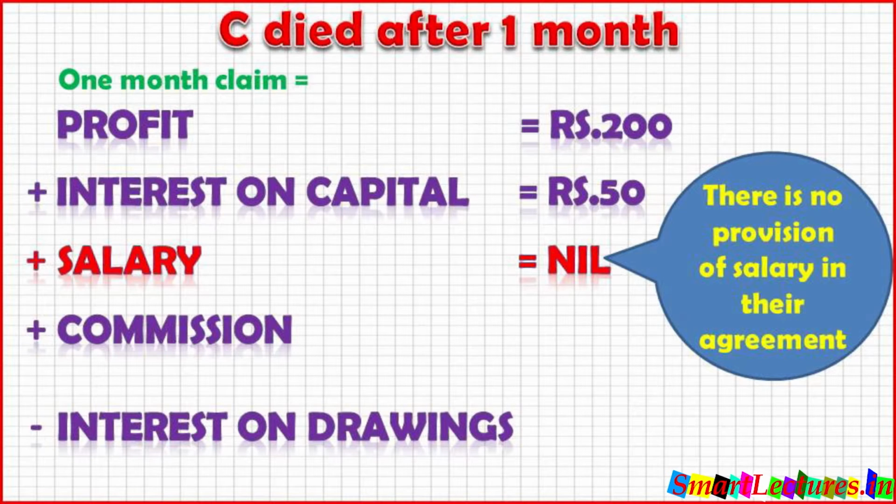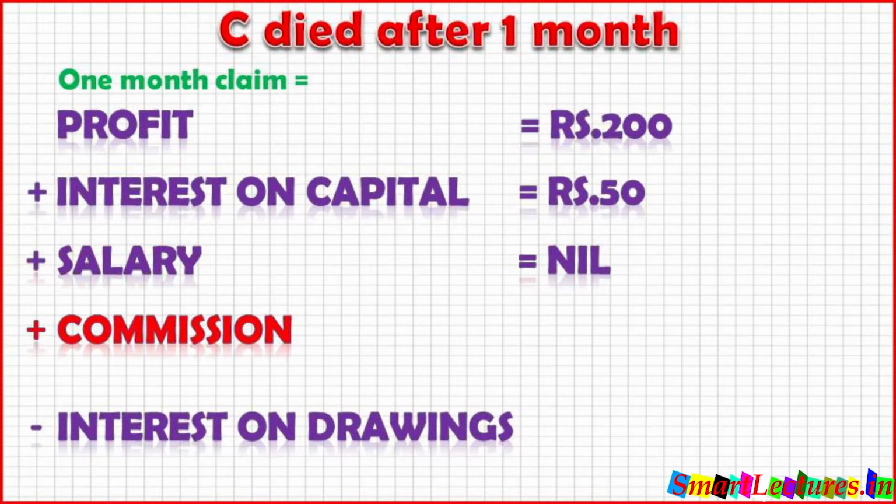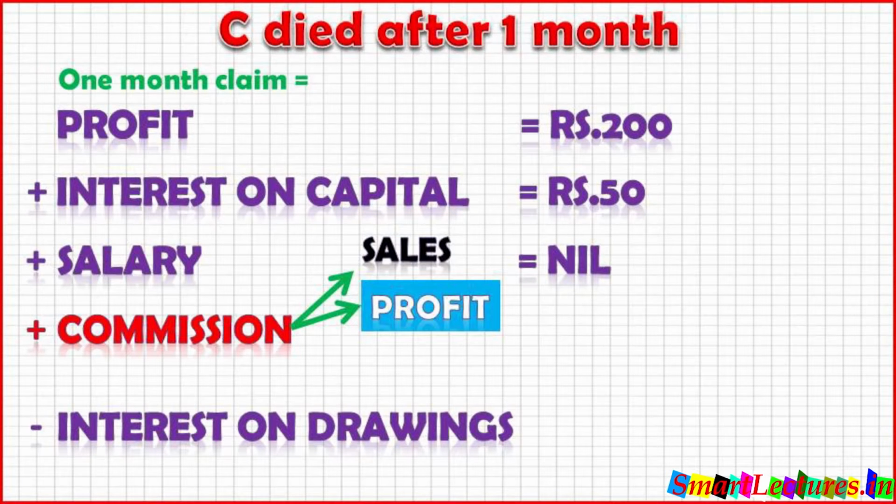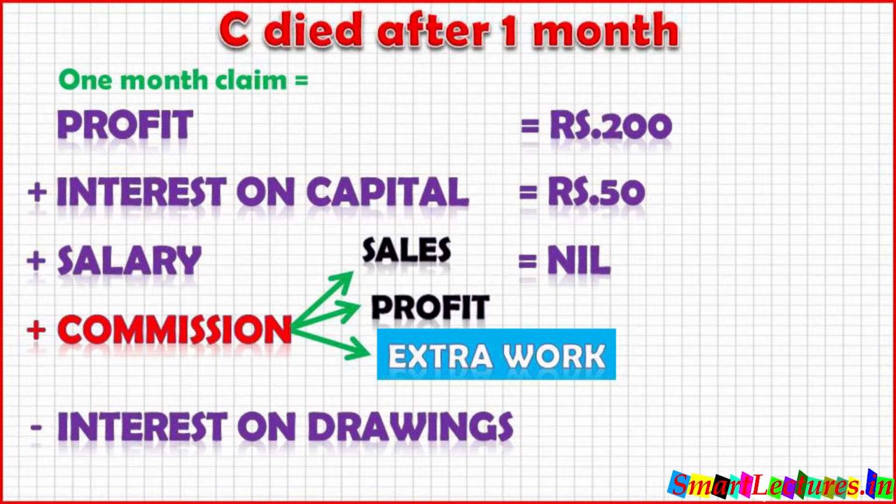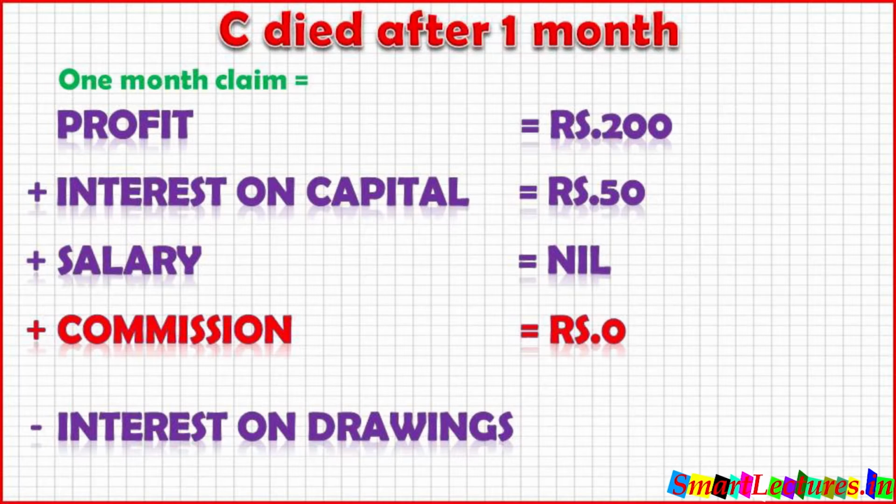We have not been told about the salary as per the question. It means no partner is entitled to any salary. Then plus commission. Commission can be for sales, commission can be for profit, commission can be for extra work, for anything. But the question is not mentioning anything about the commission. It means the commission will be 0. So total is 250 minus interest on drawings.